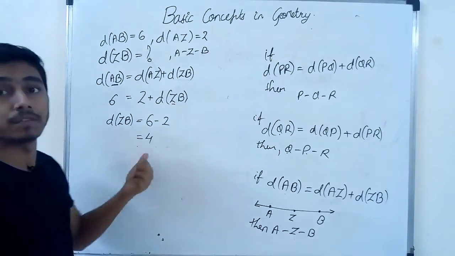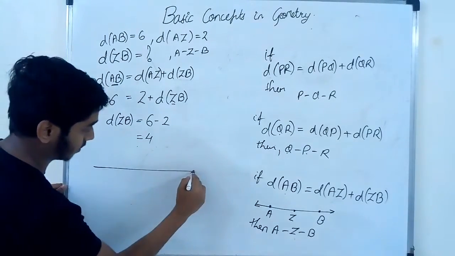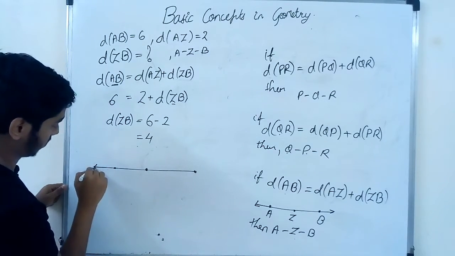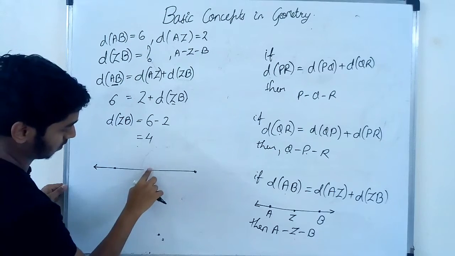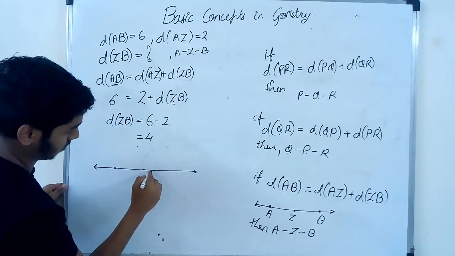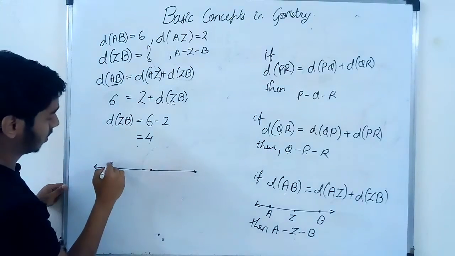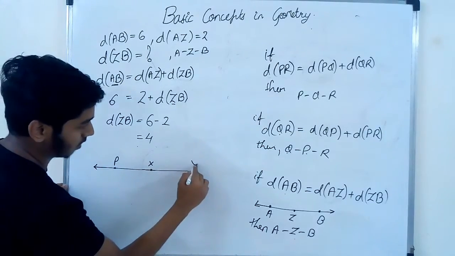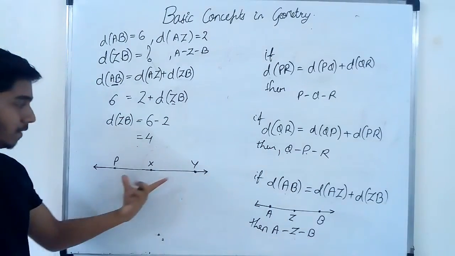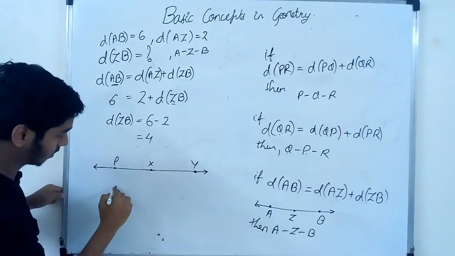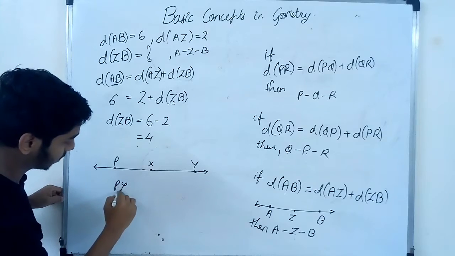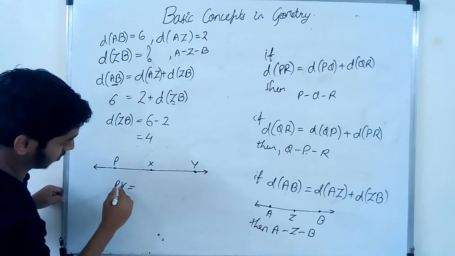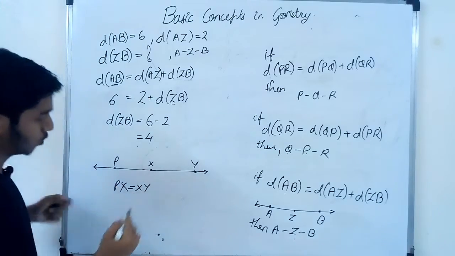Now let's take one more example for betweenness, which says let's take P, X and Y. Okay, now it is given Px is equal to xy.